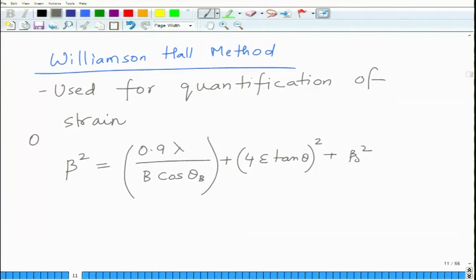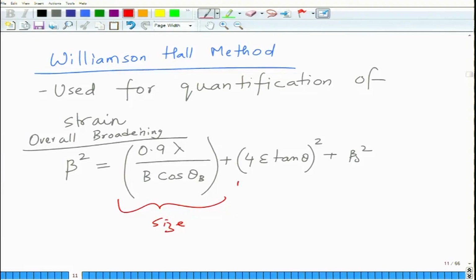So, this is overall broadening. Here, this term is because of size, this term is because of strain, and this is because of instrument.